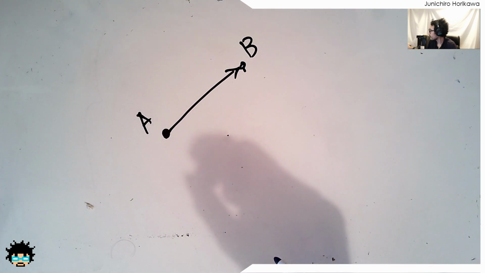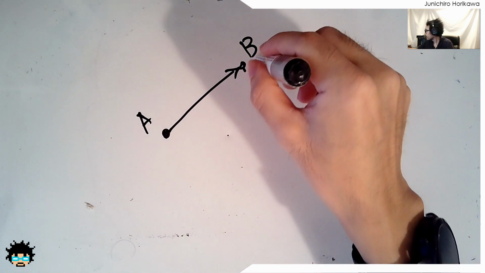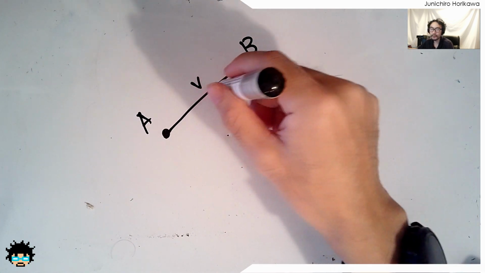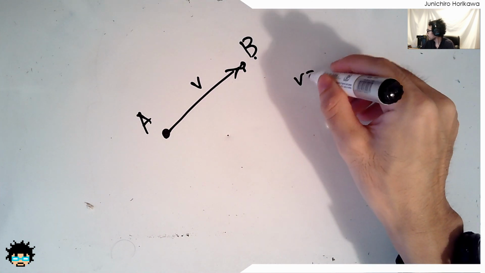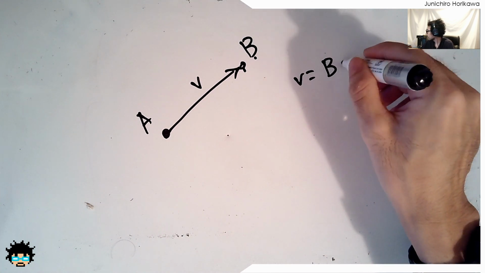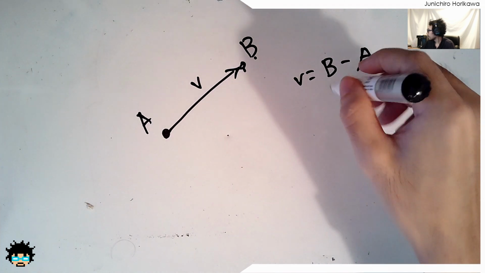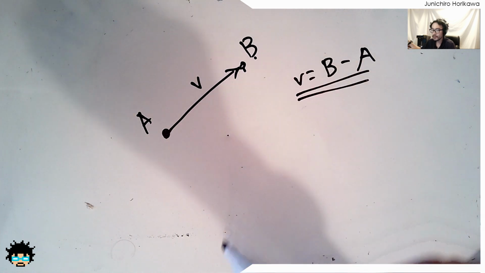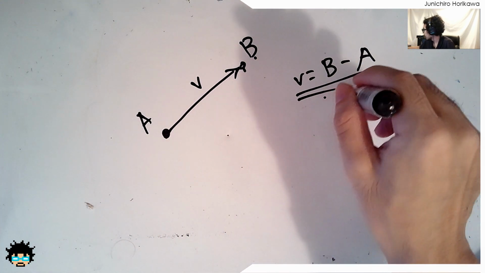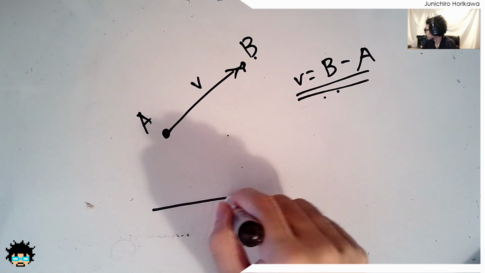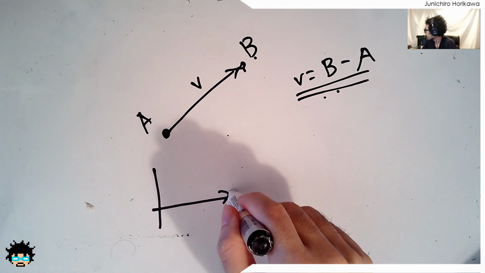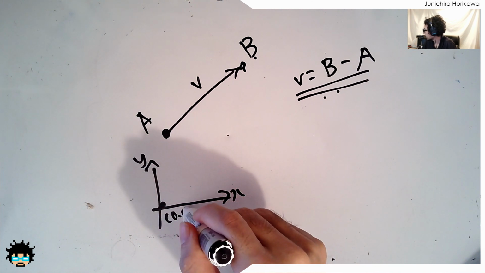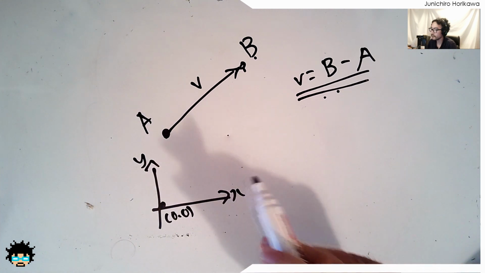The answer is to subtract A from B. Let's say the final vector is called V, then V is equal to B minus A. So this is the equation to get the vector between A and B. The reason this works is that, let's say you have this x, y coordinate system, and this is the origin, 0, 0, in a 2D space.